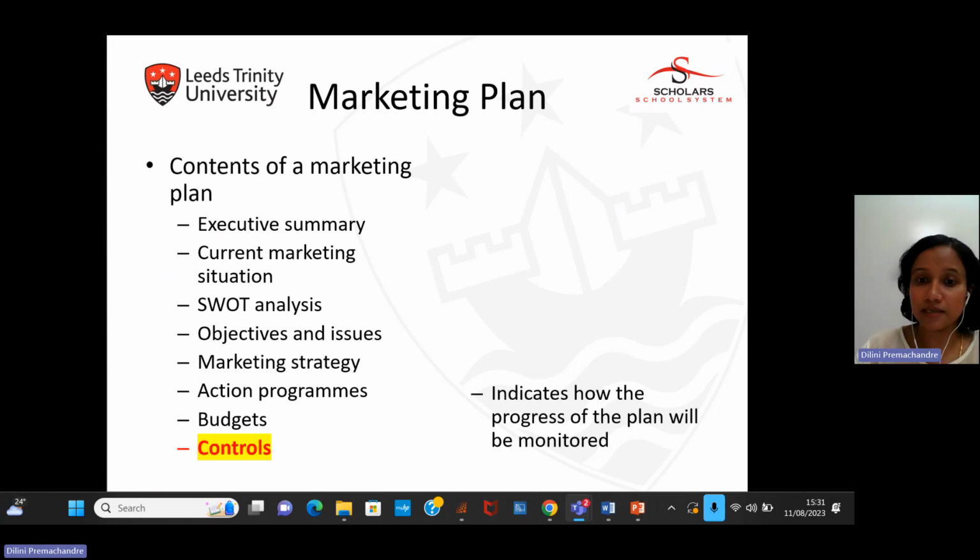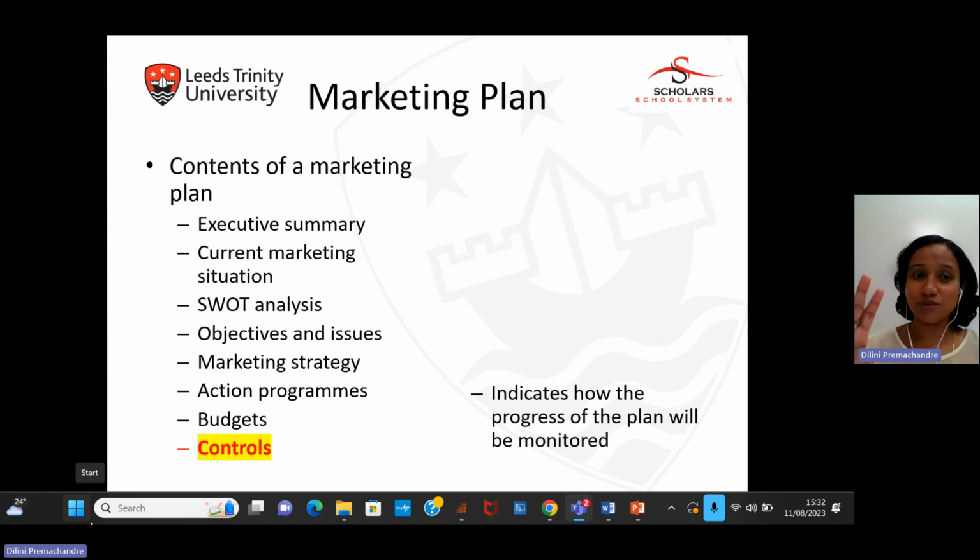This will indicate how the progress of the plan will be monitored. You need to decide how you will determine whether you have achieved your objectives or not, and whether you are following your action program or not. You will explain these things under the section of control.